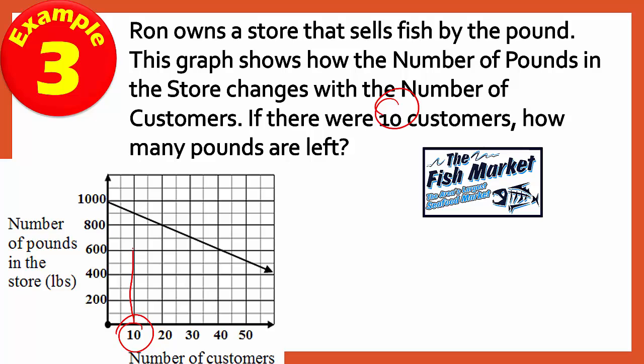And all I have to do is go up and find where my graph crosses that value of x. And then I just go over to y, and this is directly in between 800 and 1000, which is of course 900. So the answer is 900 pounds.